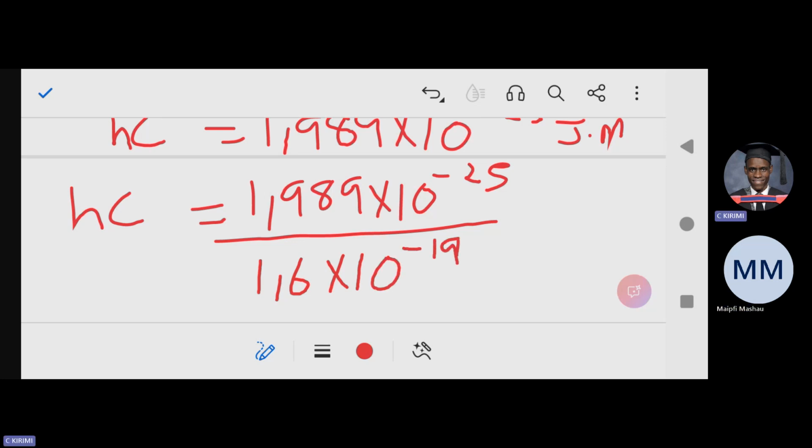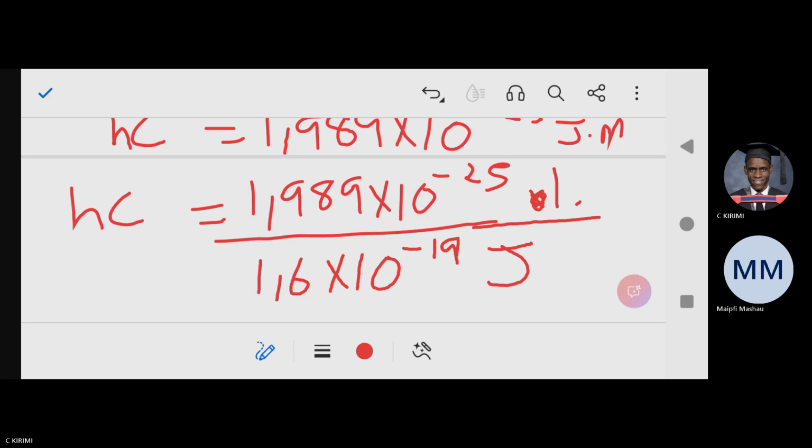We are now converting to electron volts.